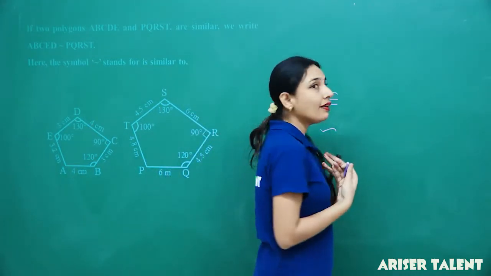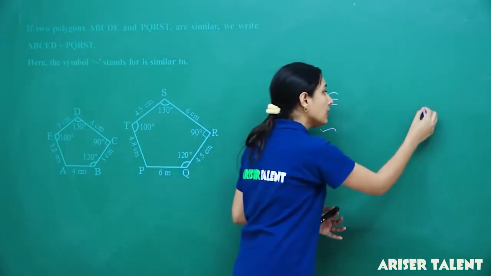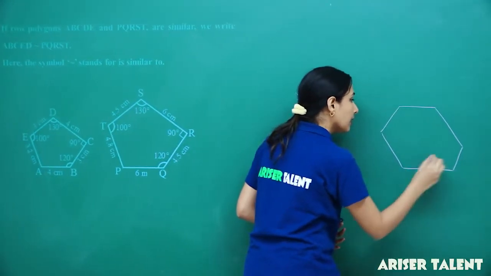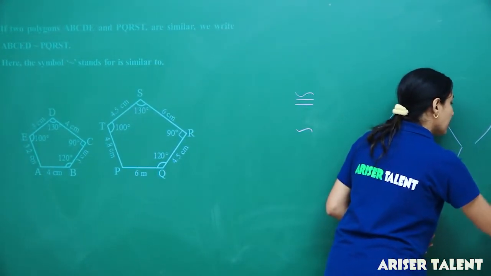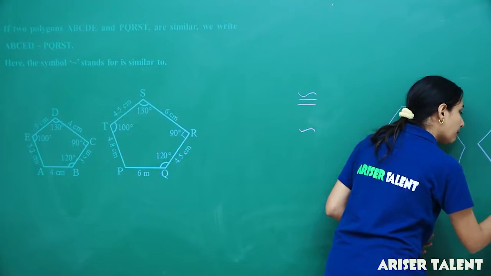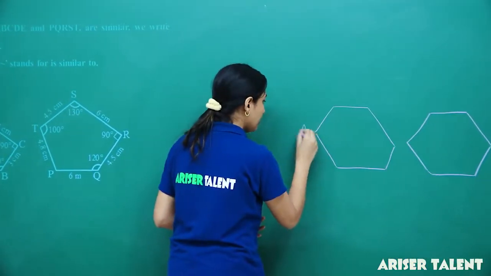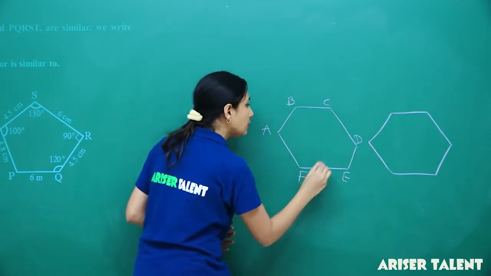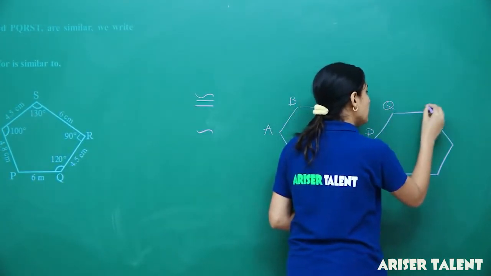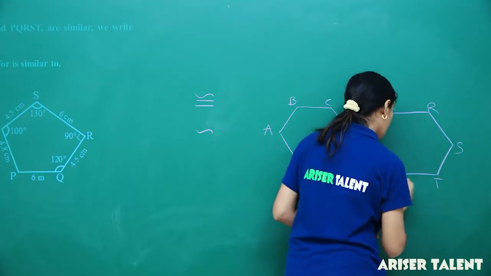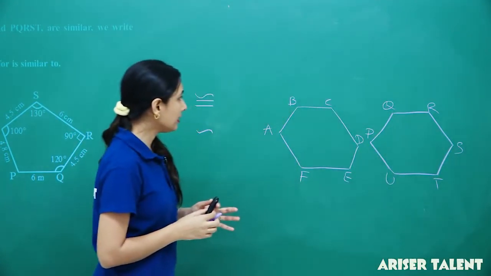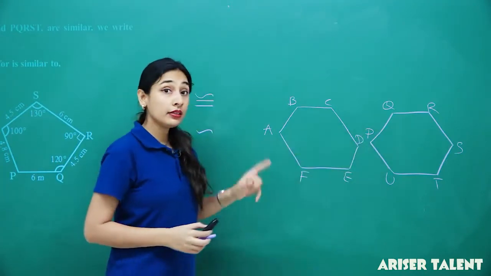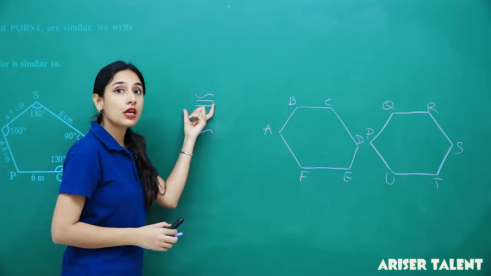If I have to write that this particular polygon is congruent to this particular polygon, which I have named ABCDEF and PQRSTU, I'll use the congruency sign.